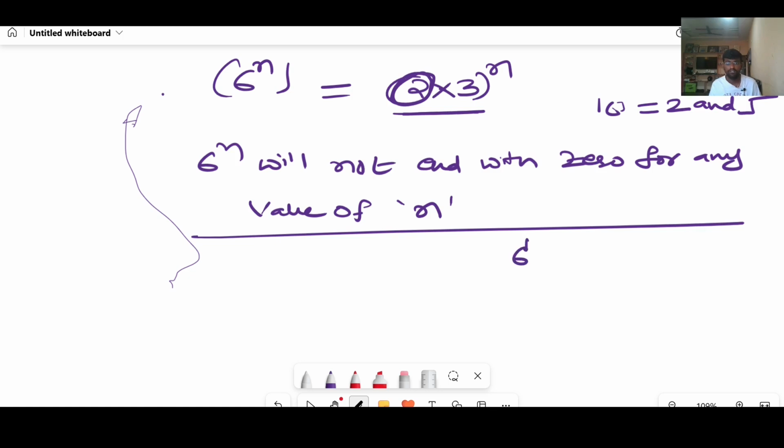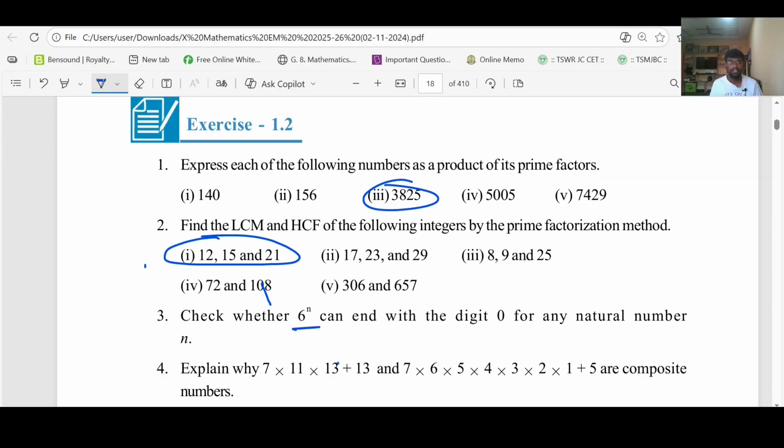If you take 6 power 1 it is 6, 6 power 2 ends in 6, any power of 6 will give us 6 as the ending digit, right? Therefore I can conclude that 6 power any number will not end with 0. Done. Thank you.